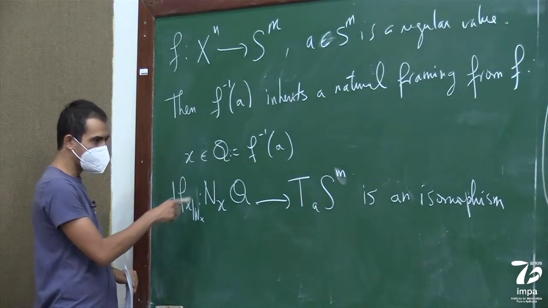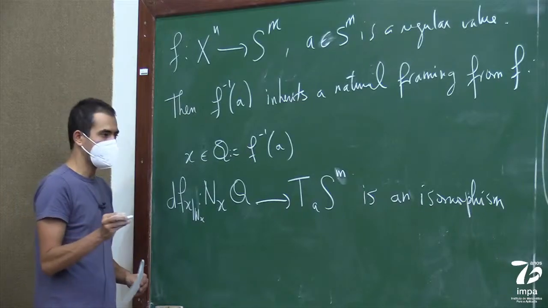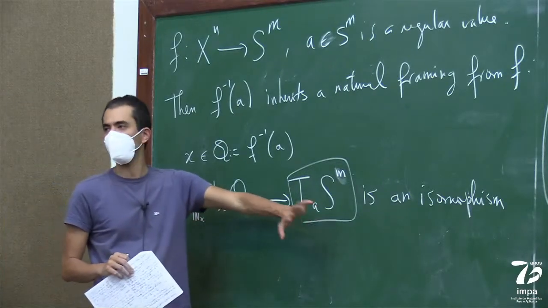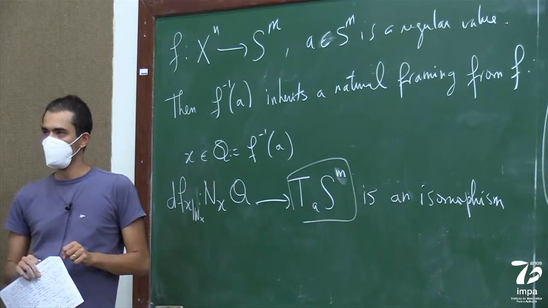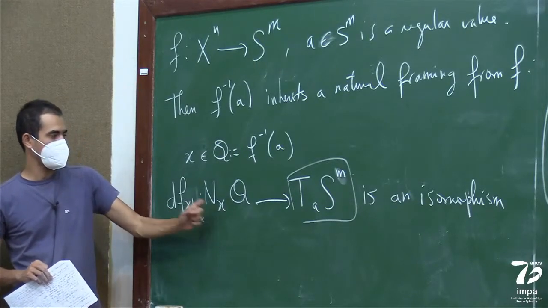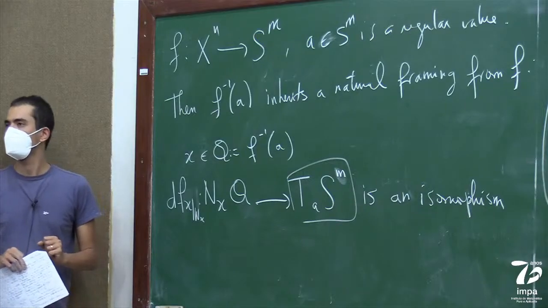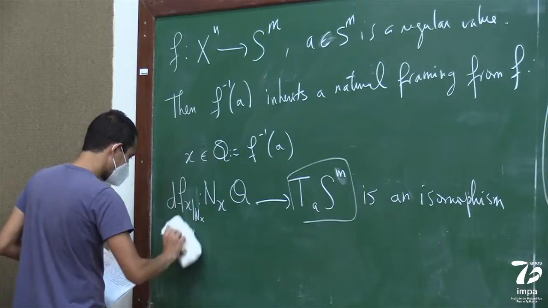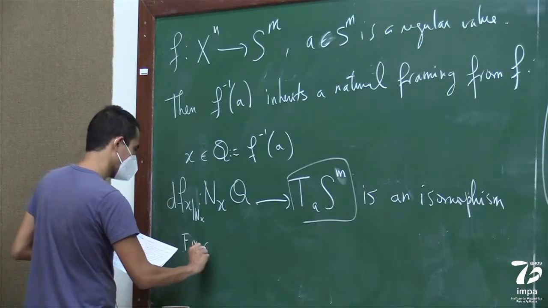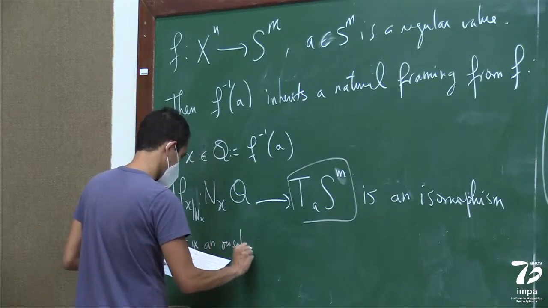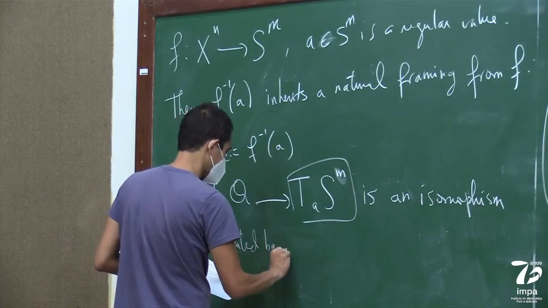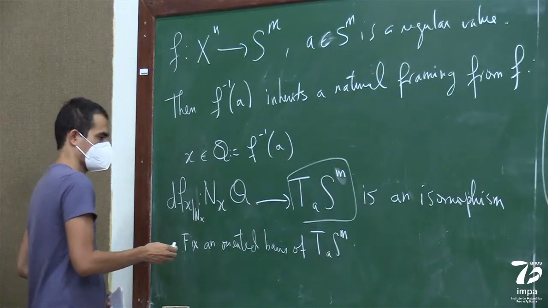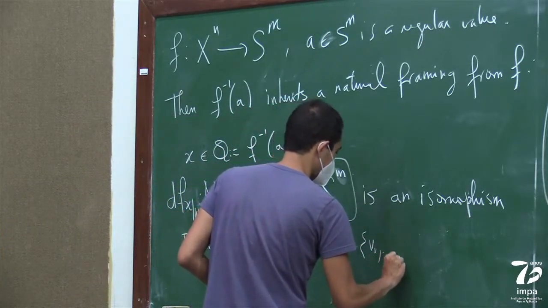And that means it's a natural isomorphism for every x. So now I just have to choose one fixed trivialization of this. I choose my favorite trivialization of this space, and then that gives me a framing of Q. So I fix an oriented basis e1 through em of T_A S^m, whichever one I want.